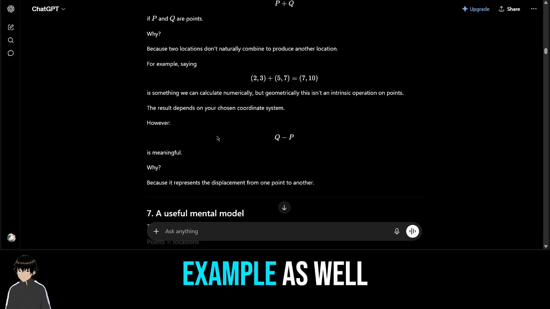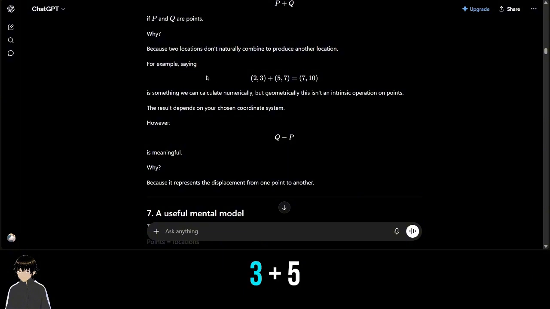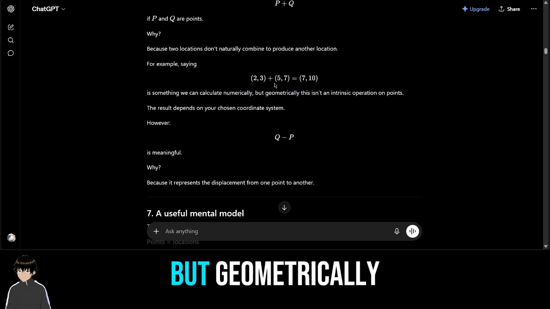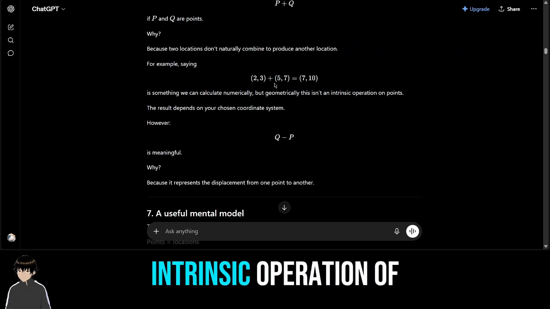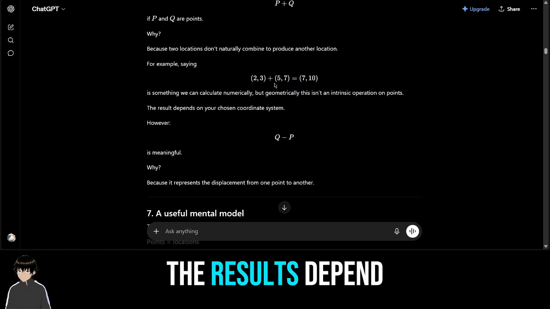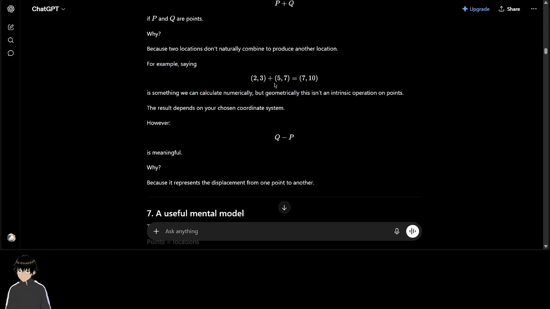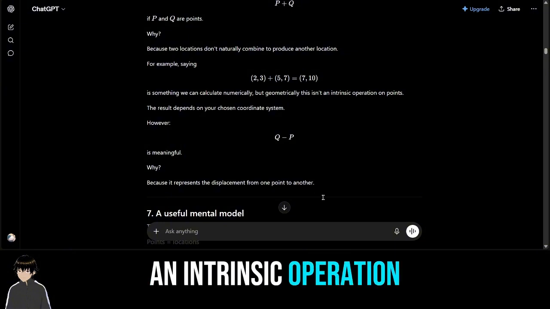Take this example as well: (2, 3) plus (5, 7) is (7, 10). It says it's something we can naturally calculate numerically, but geometrically, this isn't an intrinsic operation of points. The results depend on your chosen coordinate system. So there isn't an intrinsic operation of points.